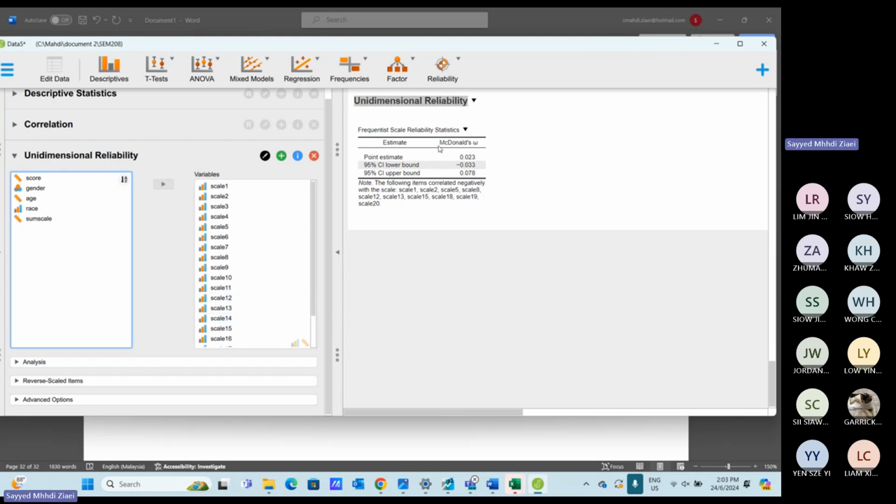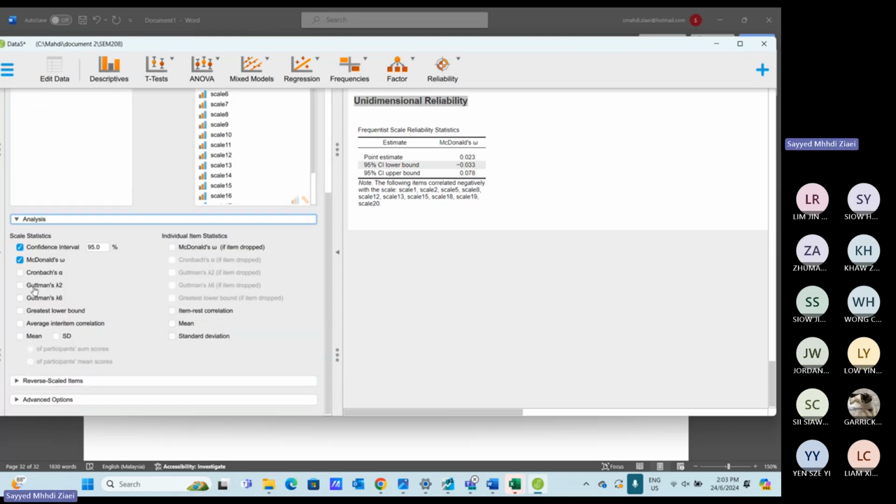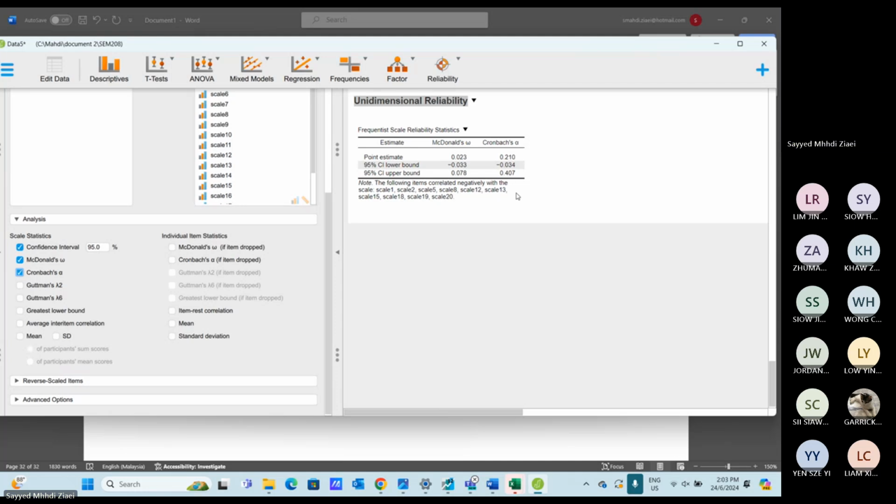Okay, this one is McDonald's Omega. But normally we like to find the Cronbach test. So this one is Cronbach. See? It's the result of the Cronbach. So you can use this one for the reliability test of your model.